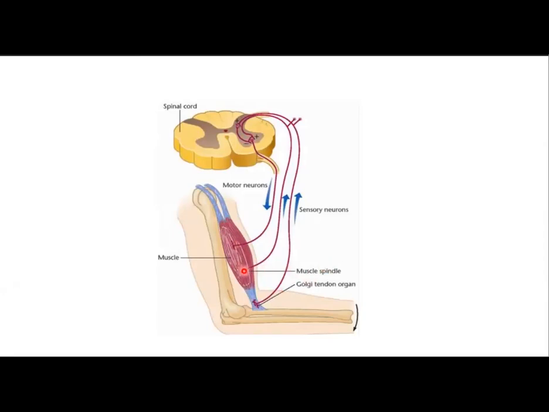The muscle spindles check sudden changes in length, and the Golgi tendon organ will sense changes in the tension. And if that is getting too much, I will show you in a reflex just now.